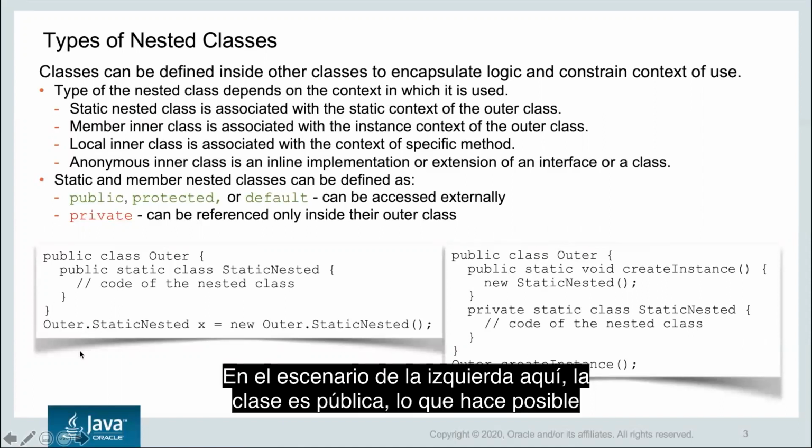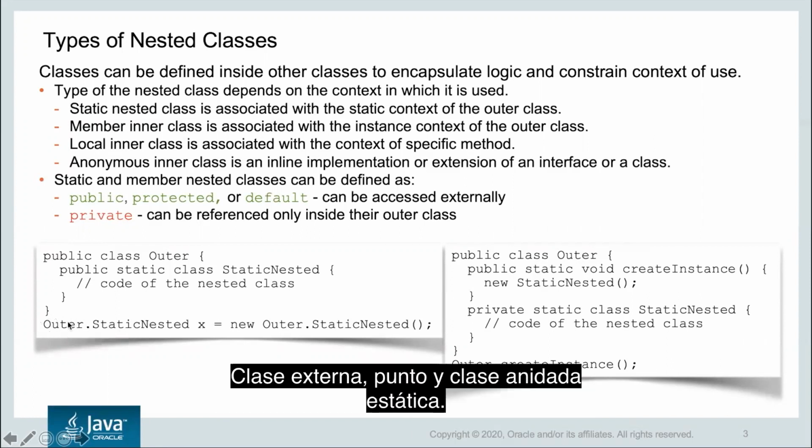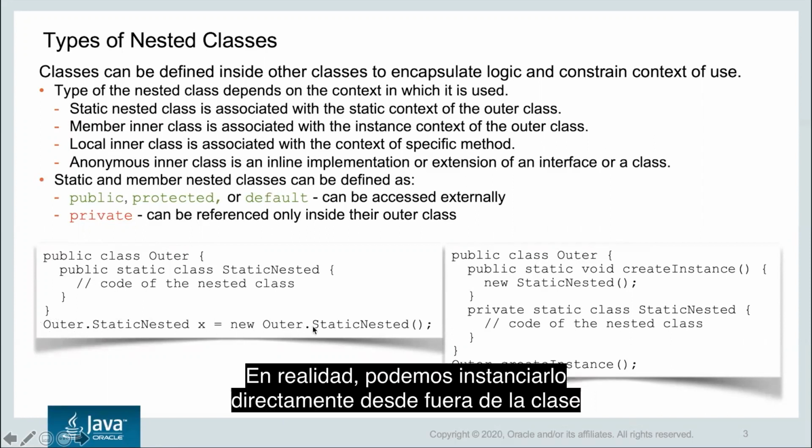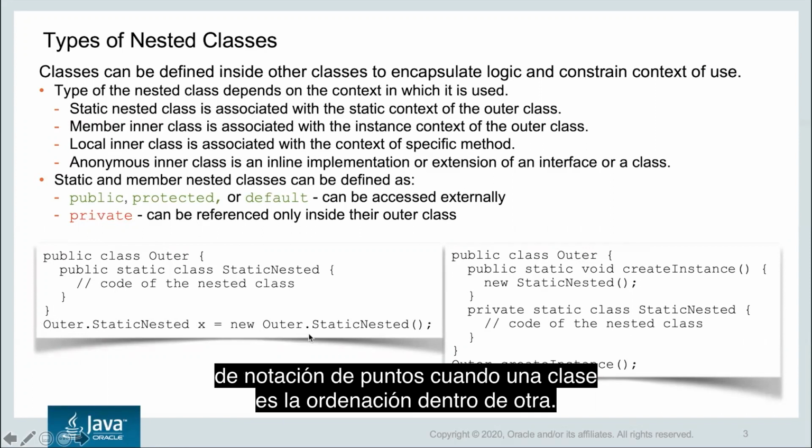On the left-hand side scenario, the class is public, which makes it possible to observe it outside of the outer class. We're using this dot notation, outer class dot the static nested class. And you can instantiate it directly from outside of the outer class by using the new operator, and again using this strange dot notation when one class is inside another.